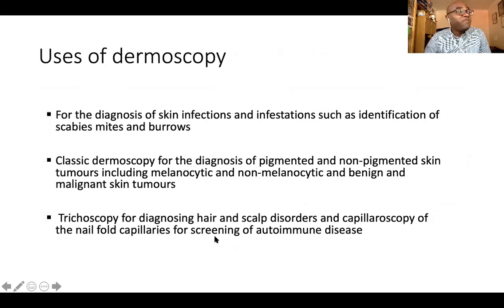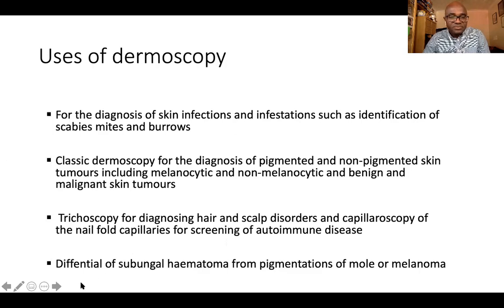And also you can see some infections in the nail, so a greenish tinge in nails, sometimes pseudomonas infection. You can appreciate the greenish tinge more in dermoscopy, especially in people who work outside in the gardens, gardeners who use their hands without wearing gloves, prone to get pseudomonas infection. You can show some greenish tinge in there. Subungual hematoma and pigmented mole or melanoma in the nail bed as well. Okay.